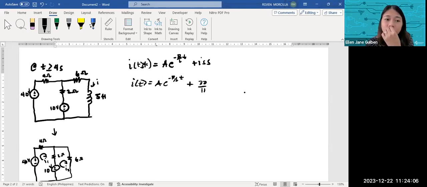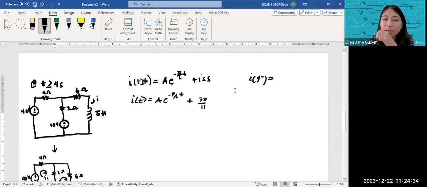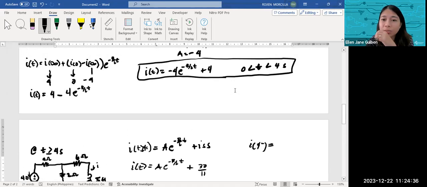So at the time of the switching action, since we know that the inductor resists the change in current, the current at 4 minus, so before the switching action, we have 4 minus. So we will go back here to our equation, no?